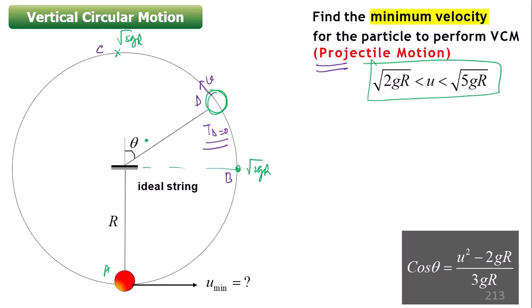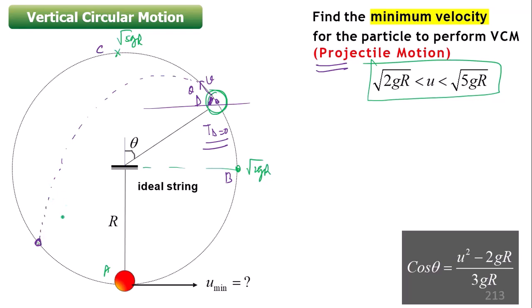So because of the angle theta, if I say at this point the particle is projected with velocity v tangential to this direction, and that angle is theta, then this angle is also theta. When the particle is projected at an angle theta, it will perform projectile motion like this, and ultimately it will touch the circle at some distance.